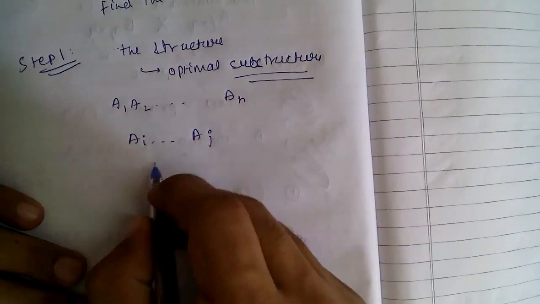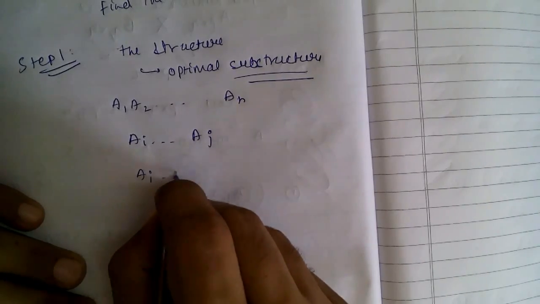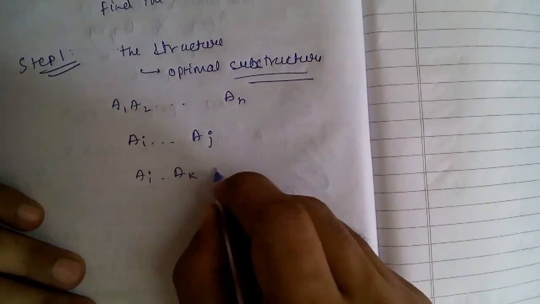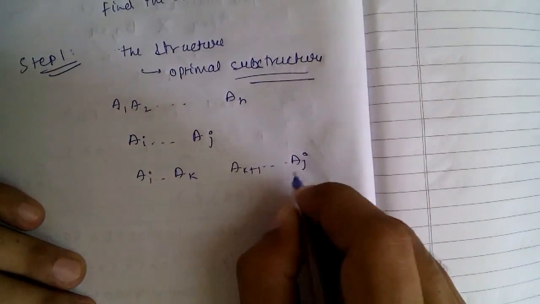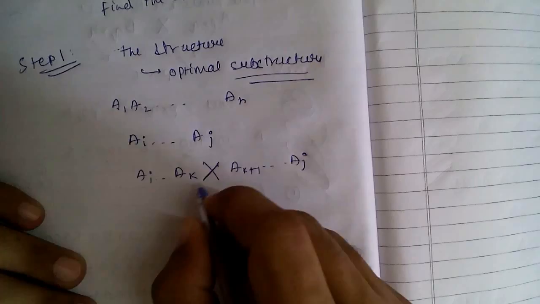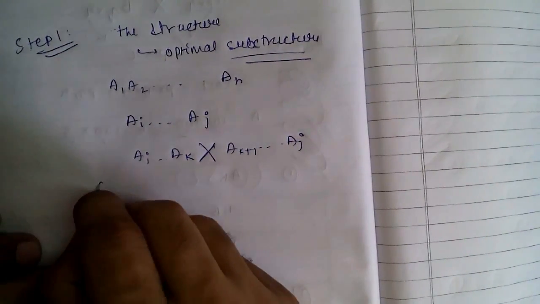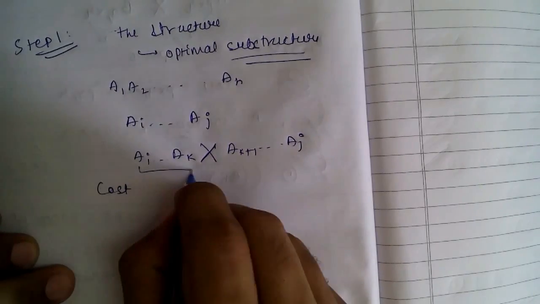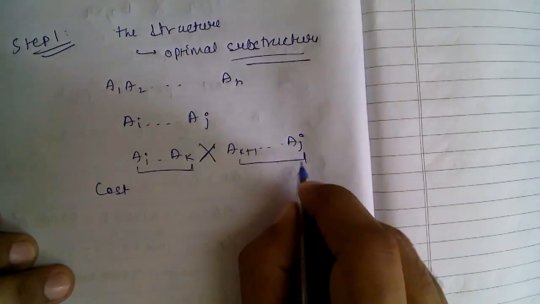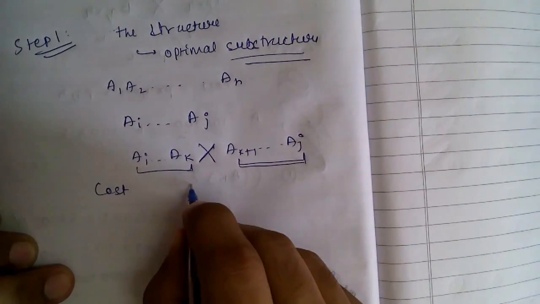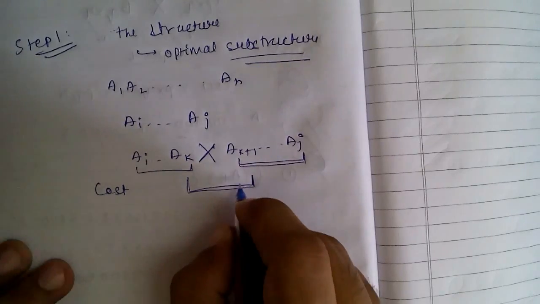Now, if we split this from AI to AK and AK plus 1 to AJ and multiply these two sets of matrices, our cost will be the cost of this and the cost of these multiplication of these matrices plus the cost of multiplying these two.